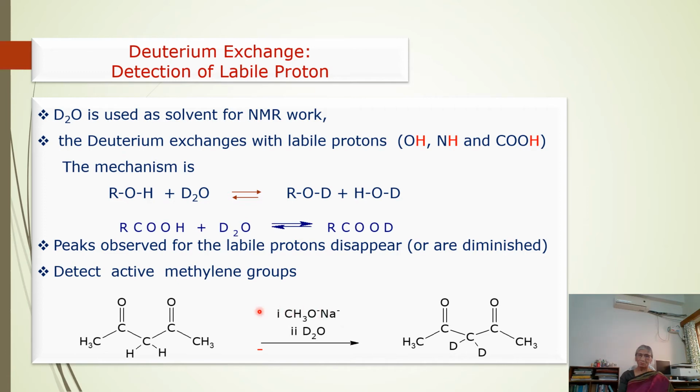So methoxide, that is a base, is taken, and a small quantity of deuterium oxide is added, and the active protons are replaced by deuterium. So the signal from the active methylene protons will disappear in the presence of deuterium oxide. So this is a very good method for verifying the presence of labile protons.